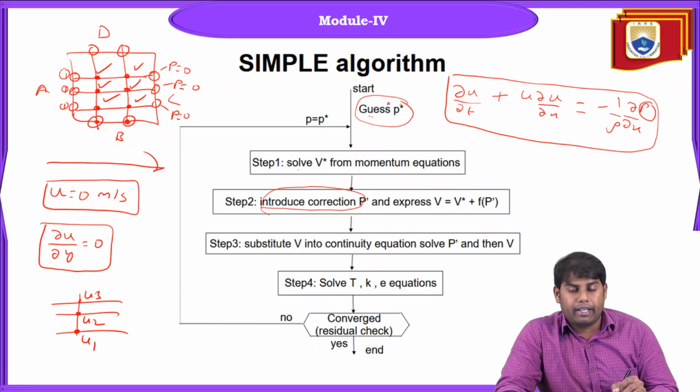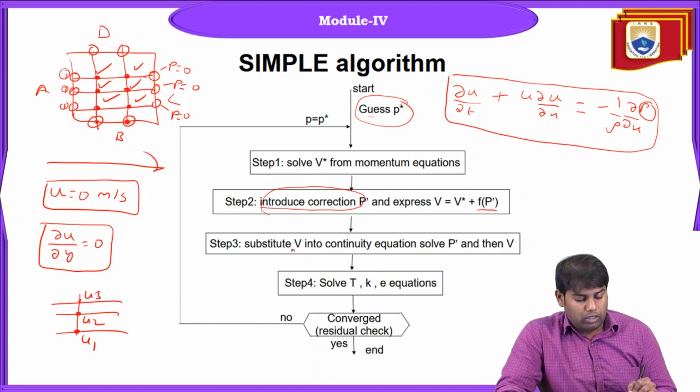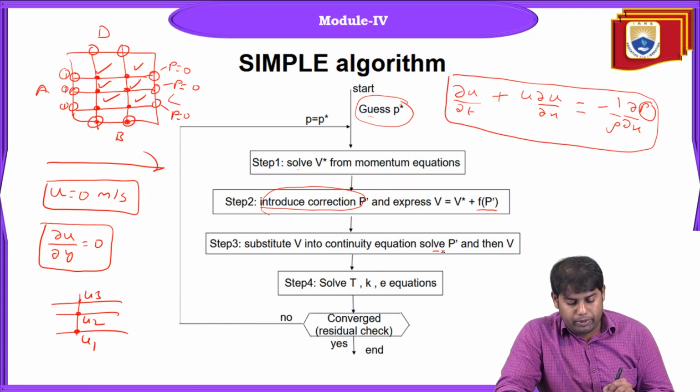So whatever we get, p star gives v star, and again we have a correction factor which we supply to the velocity to get the actual velocity. Then we will substitute that equation into the continuity equation to solve for p dash and then the actual v.